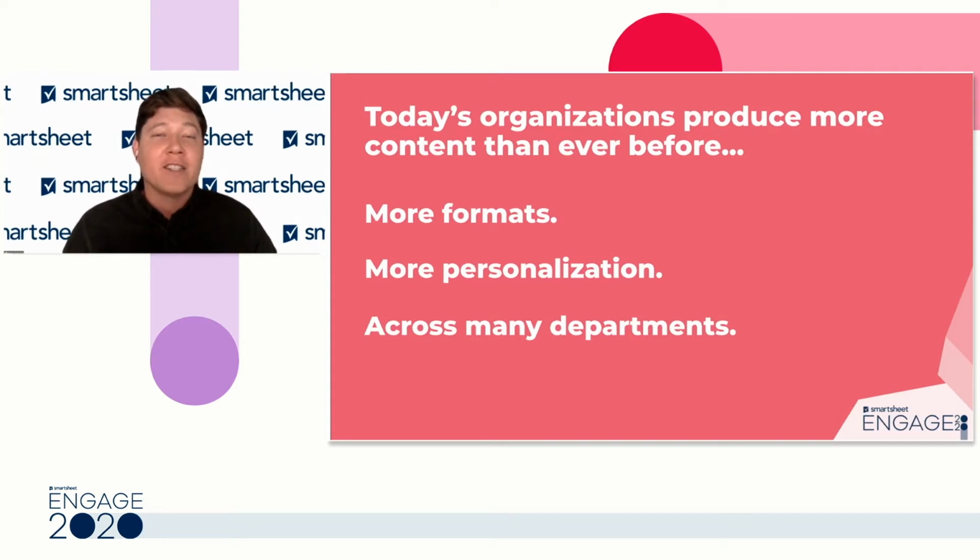Organizations produce more content than they ever have before in order to hit their business goals, because content is becoming the way that organizations communicate with their customers, with their employees, with vendors, with partners. It is the most effective way to communicate information on what you're doing as an organization in order to get a return on your marketing spend, train your employees, and really level up your organization and make sure that you're hitting those goals.